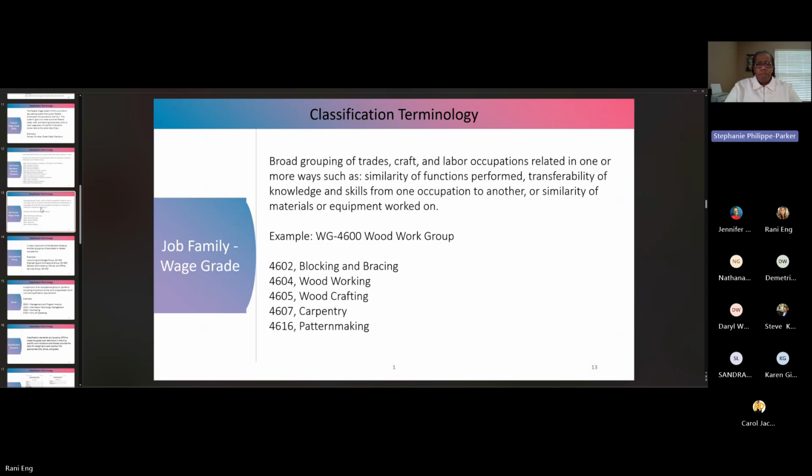I mentioned during the first session for classification that it truly is impossible for a classifier to know every possible job that OPM has described, both within the general schedule arena and for the wage grade positions. These job families are just another resource for us to utilize to learn about the work and to ensure a position is properly classified. Next slide, please.